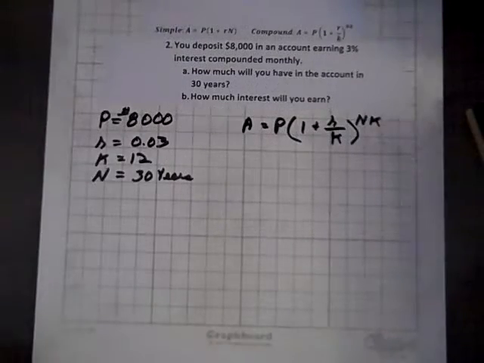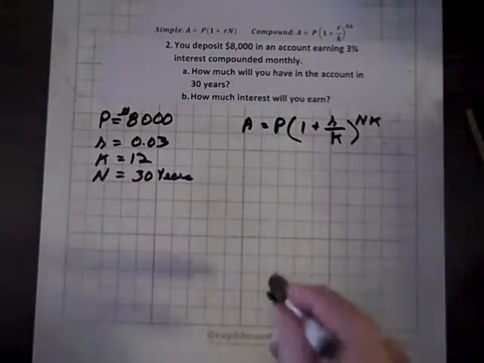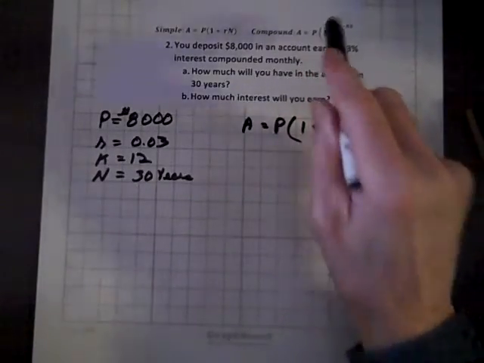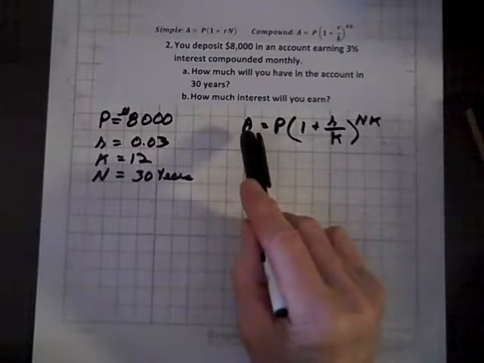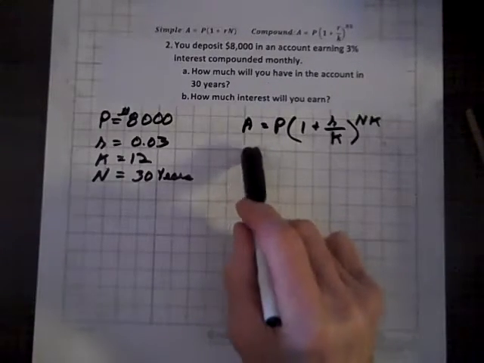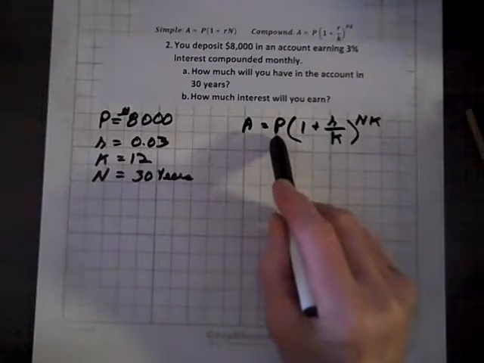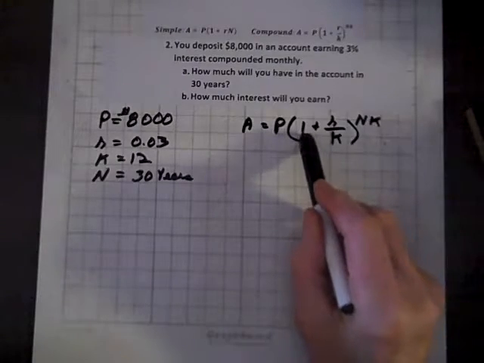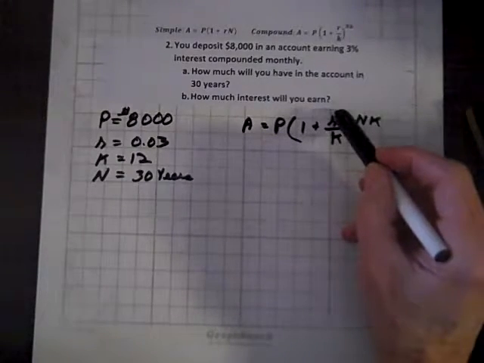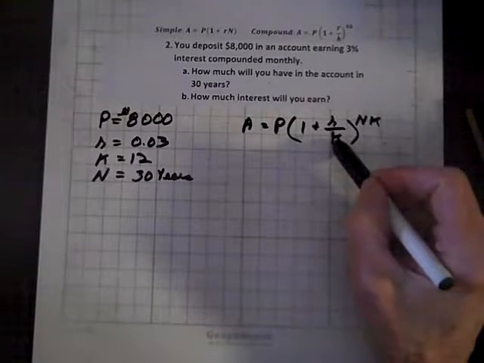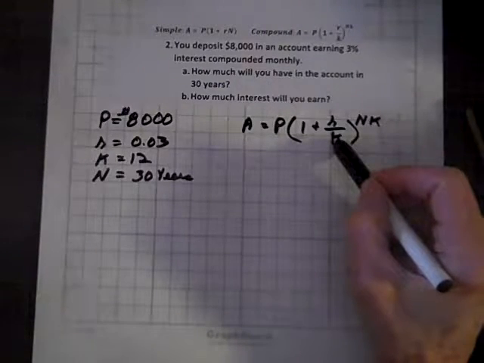Here's our next finance problem. And this time, we're using compound interest, so we need this formula right here. And that's A, the amount you get back at the end of however many years, equals the principal, what you put in, times the quantity, 1 plus the rate, R is rate, divided by K. K is the number of compoundings per year.